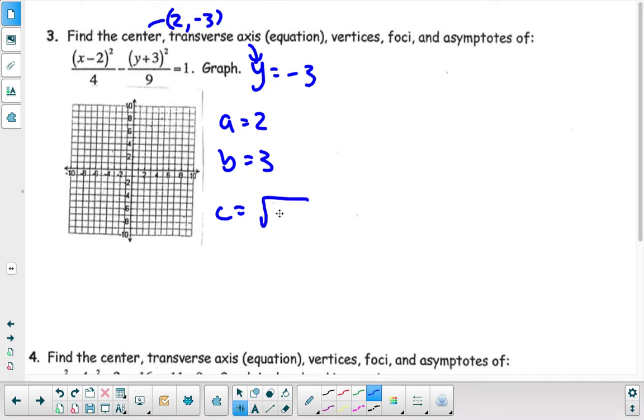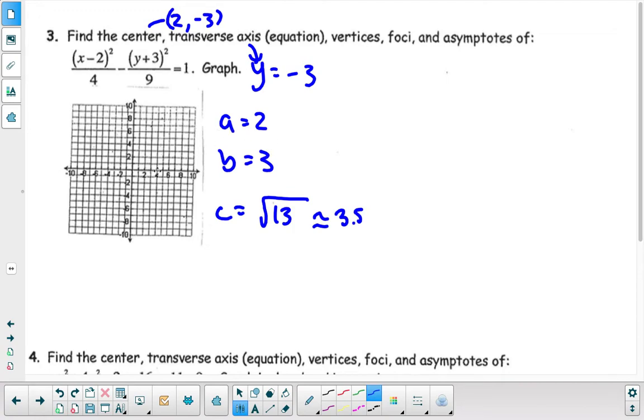It is square root of a squared plus b squared, which is 4 plus 9, or 13. And square root of 13 is very roughly about 3.5. I haven't checked this, but that's as close as I'm going to get to accuracy, so I'm going to call that good. But that could be 3.1, and I could be wrong. But 3.5 seems like a good estimate.